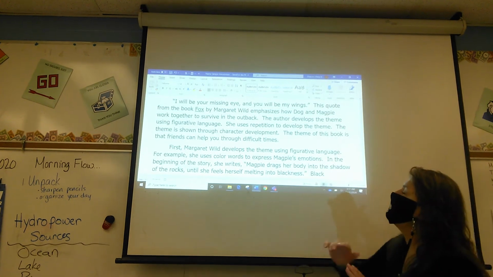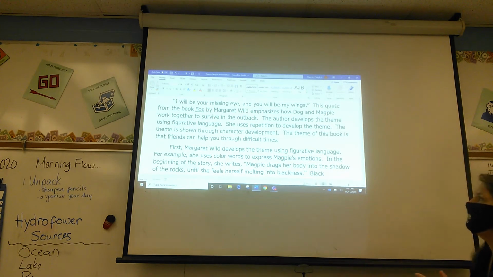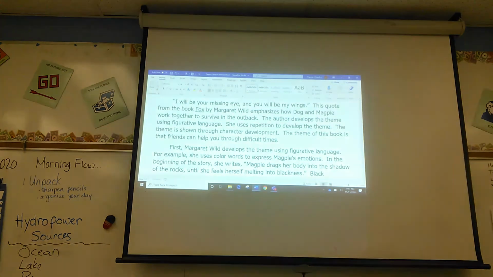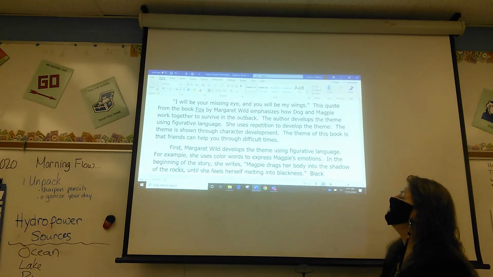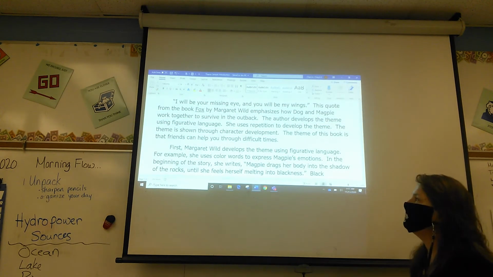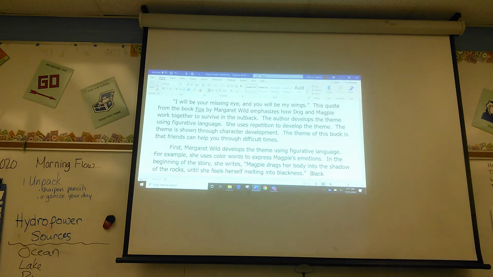This quote from the book Fox by Margaret Wilde emphasizes how dog and magpie work together to survive in the outback. The author develops the theme using figurative language. She uses repetition to develop the theme. The theme is shown through character development. The theme of this book is that friends can help you through difficult times.